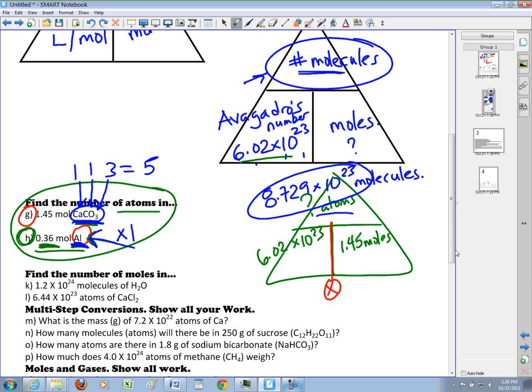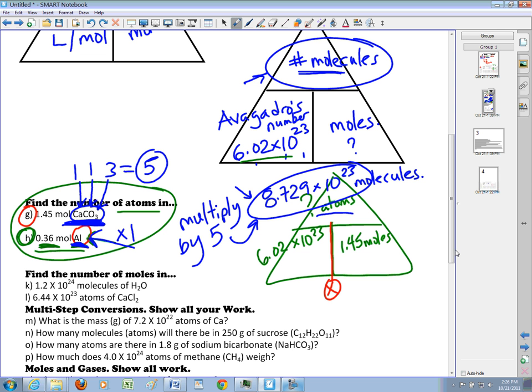In this question, because there are 5 atoms in each molecule, I'm going to have to take my answer, which is the number of molecules of calcium carbonate here, and I'm going to have to multiply that by 5. Because that is actually the number of atoms in one molecule of calcium carbonate.